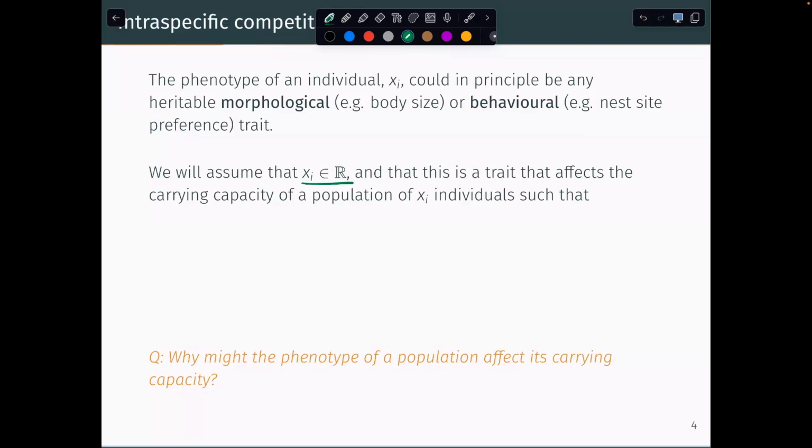We're going to assume that this trait affects the carrying capacity of the population. So if the population was composed entirely of xi individuals, then it would tend towards a carrying capacity of ki, which is just a function of its phenotype xi. I'm going to call this k hat, which is just some positive number, times e to the minus xi squared. So this is just some k hat greater than 0.